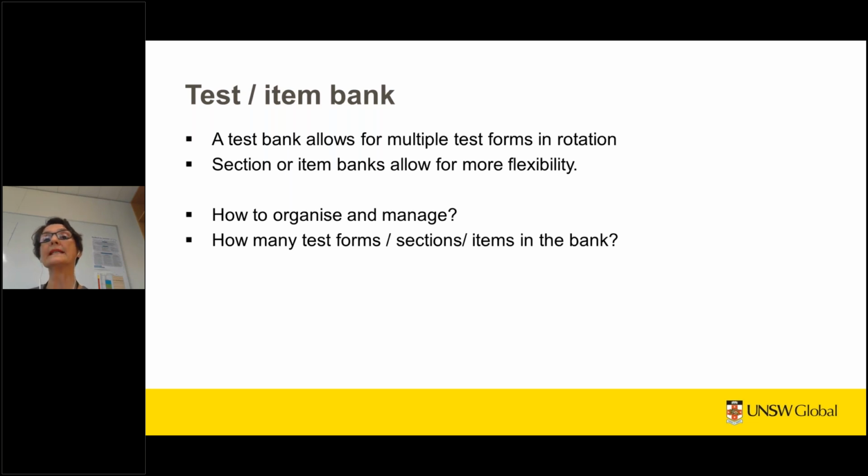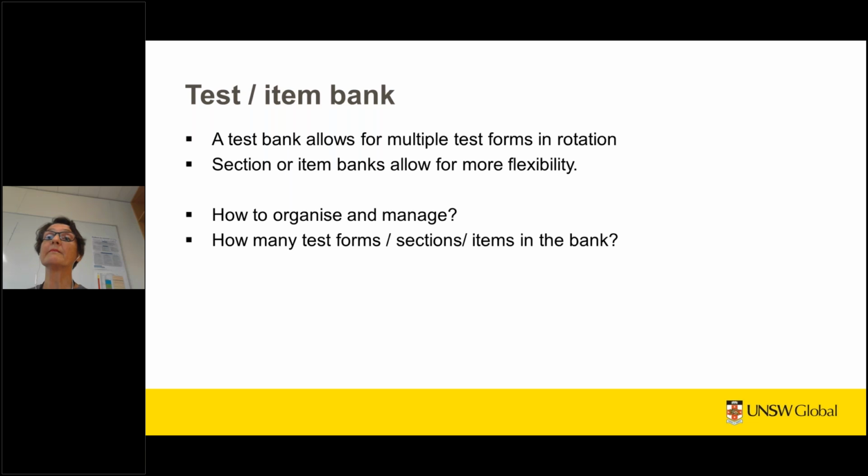So you could have a section bank and rotate the sections. So instead of rotating the whole test, you're rotating parts of the test. So you're mixing and matching your sections. Or you could have an item bank, and that's the best way because you're mixing and matching all your items. So that really frustrates test taker cheating.